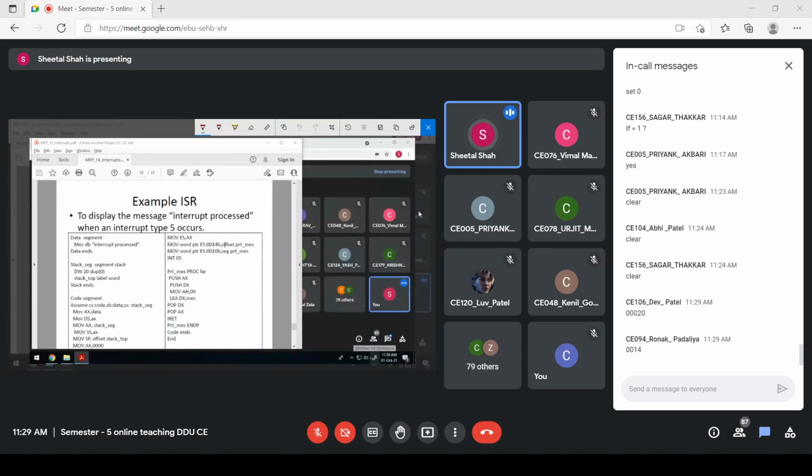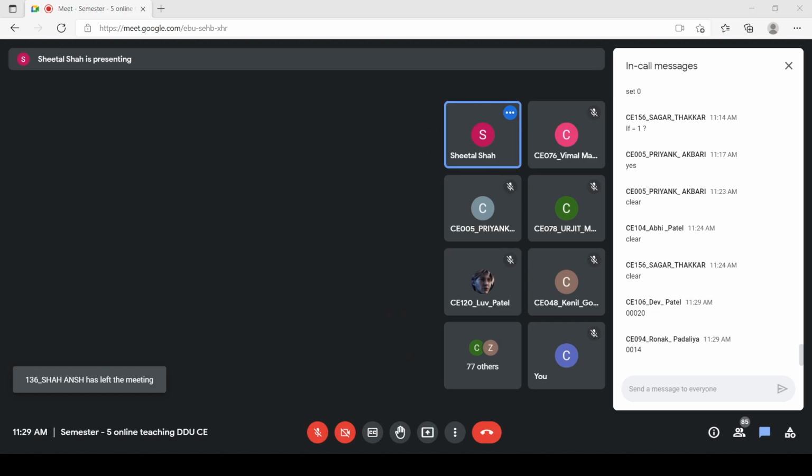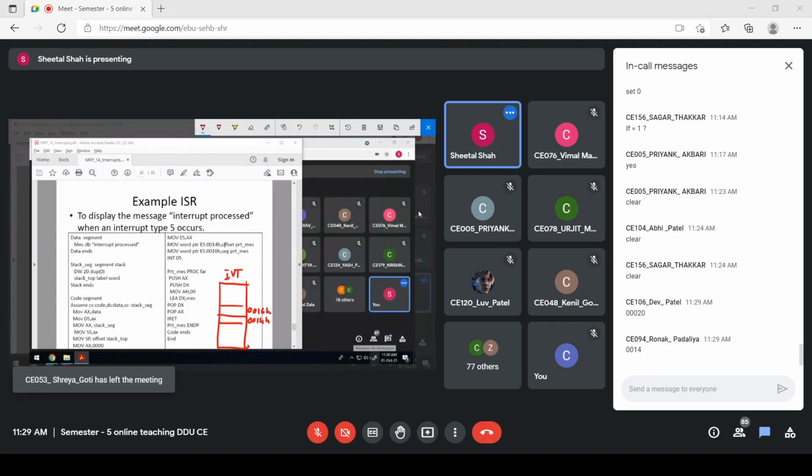So here what happens? This is my interrupt vector table. So this is the address 0014H and 0016H. Now I have written this procedure, and it is stored at a certain segment address as well as offset value.